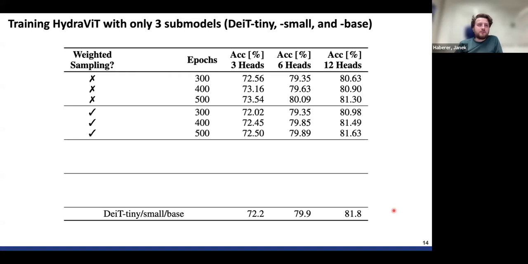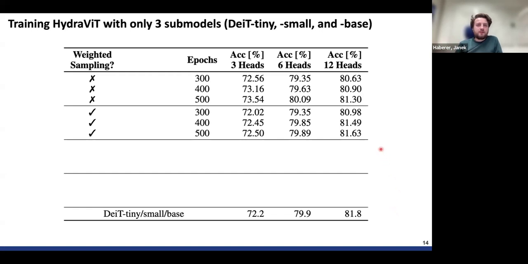But maybe we can skew this a bit, and because we see that the larger model, the 12 head model, is the one that needs improvement, we now skewed this a bit towards the base model so that it gets sampled more often.